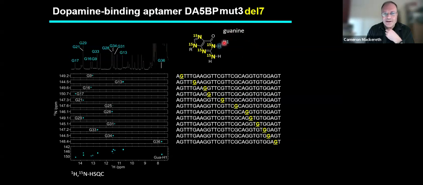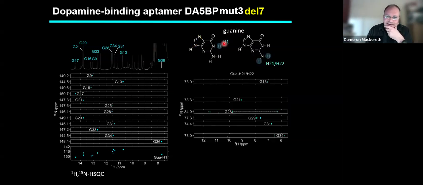So that's just looking at the H1, but there's of course many more atoms we need to look at to gain insight into the atomic structure of the DNA. So actually, it's not as common, but if the amino group of guanine, so H21 and H22, are also involved in hydrogen bonds, they can sometimes be seen as well. It's not often seen for a typical duplex, but sometimes it is.